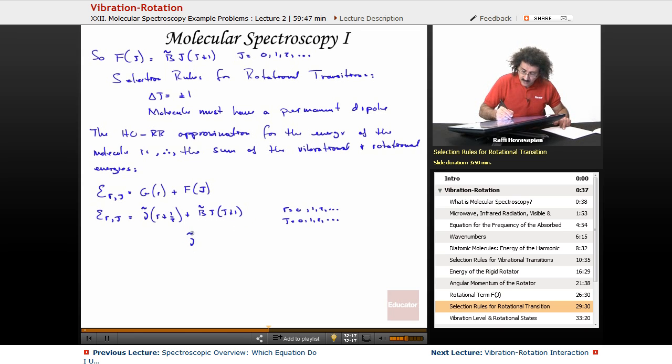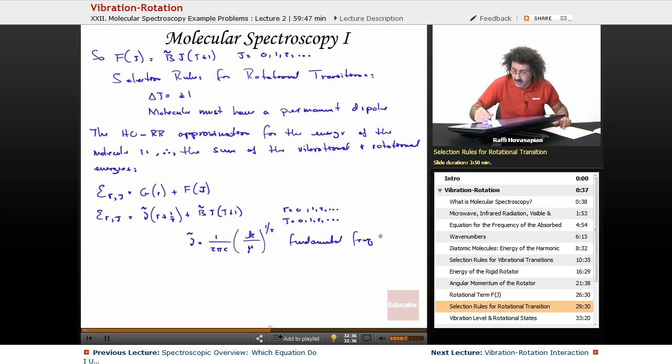And once again, this nu tilde is equal to 1 over 2 pi c times the force constant divided by the reduced mass raised to the 1/2 power. This is the fundamental frequency of the vibration.